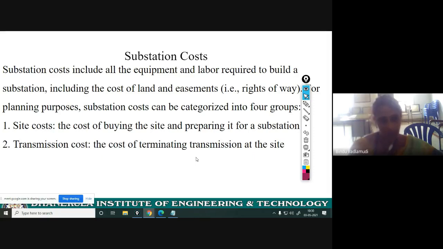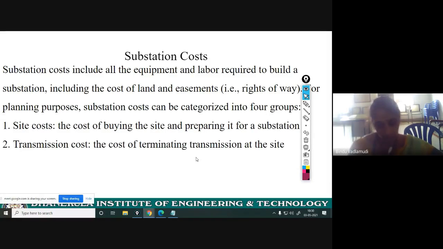What does it include? Transmission cost, in the sense, is the arrangement of the feeders. We have to transmit the power from the substation to the transformer. How do you transmit? By the feeders. So the cost includes the arrangement of the transmission, that is, feeders provided with relays or the protection schemes for them.